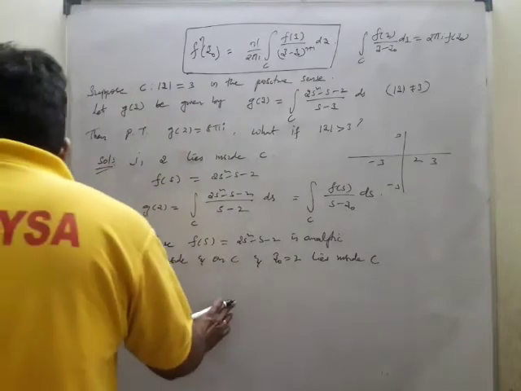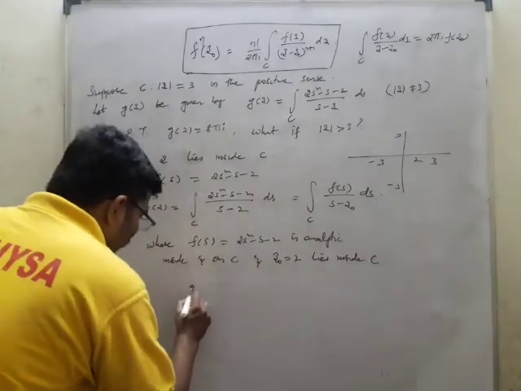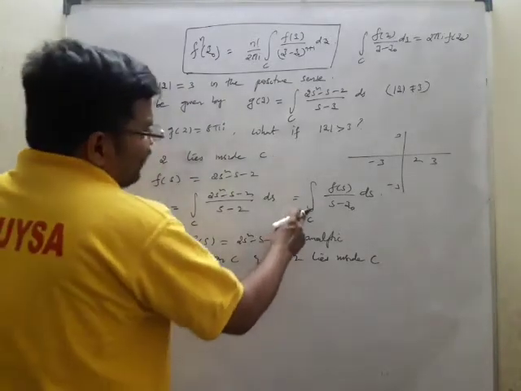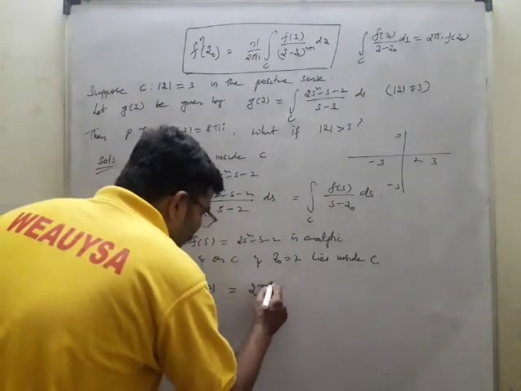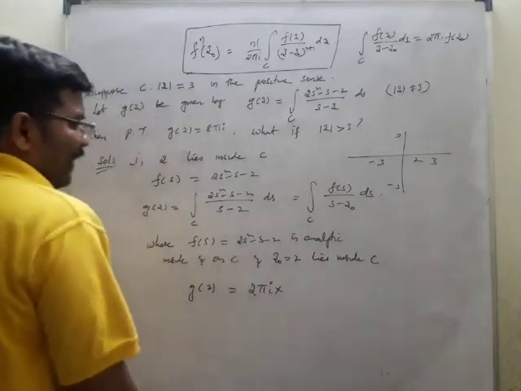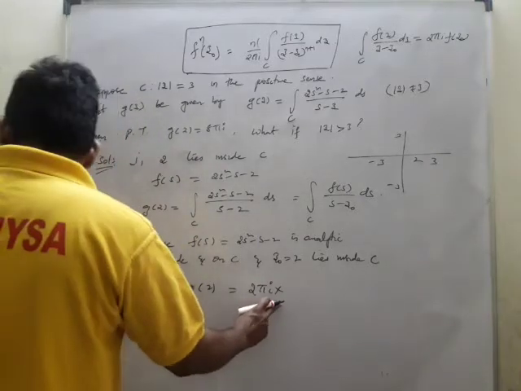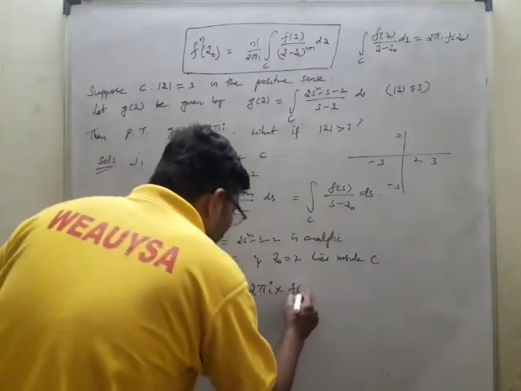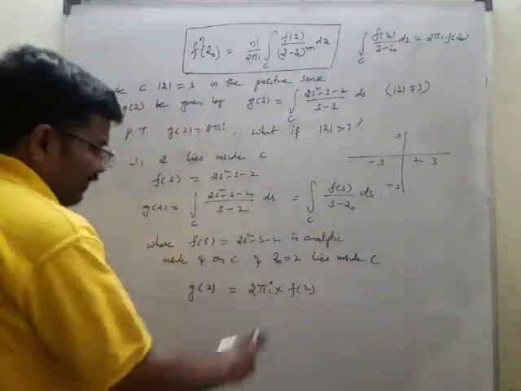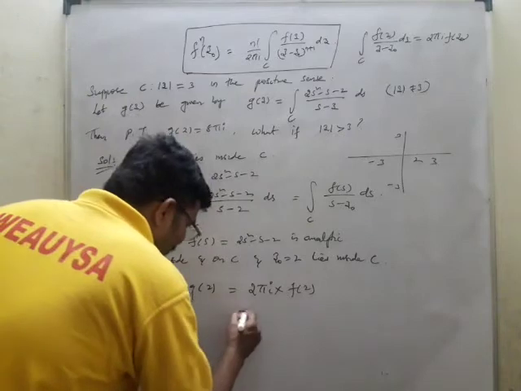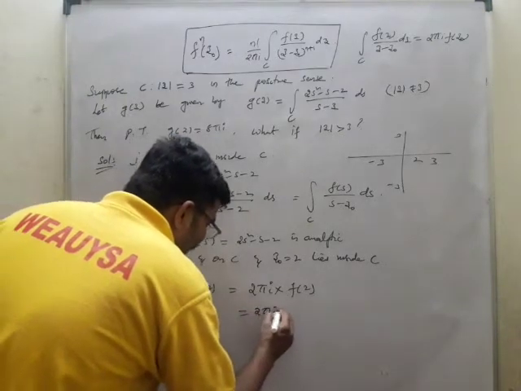So therefore g of 2 is equal to, using Cauchy's integral formula, 2 pi I into f of z naught, so I may write f of 2 because z naught is nothing but 2. This is 2 pi I into f of 2.